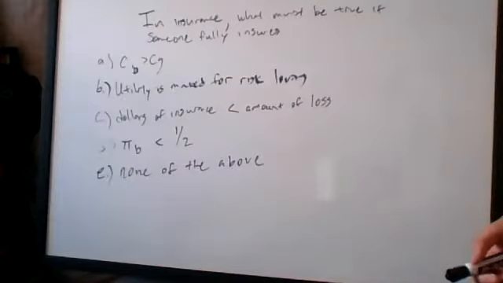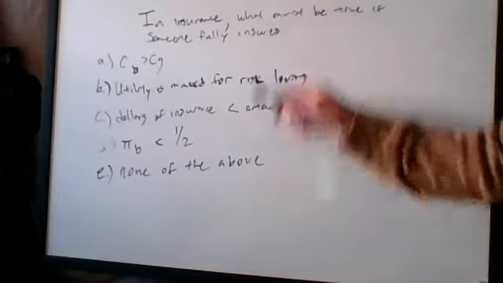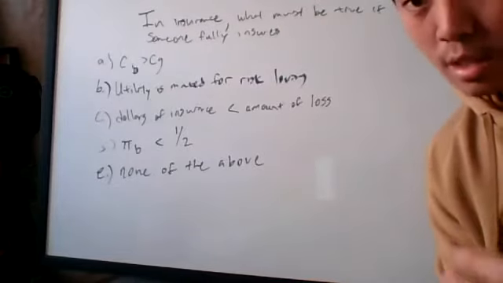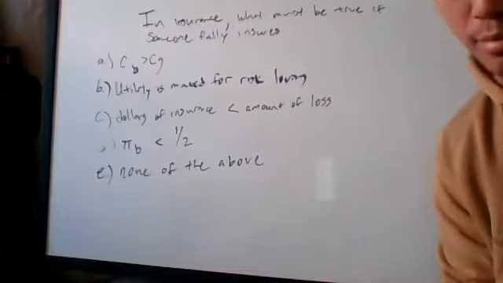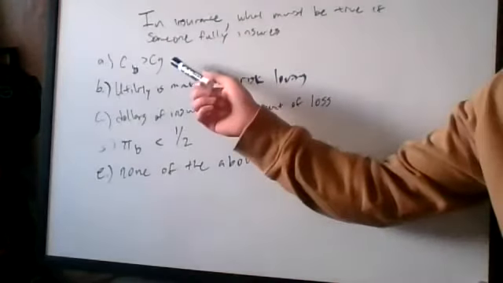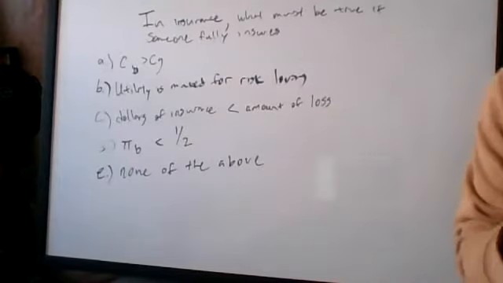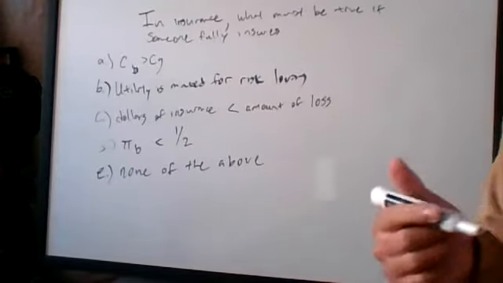So that's correct. I want you guys to think through each of these answer choices and think about why it's false, right? So let's see. Connor kind of explains. With answer choice A, we know that when someone fully insures, that's because consumption in the bad state must equal consumption in the good state, right?